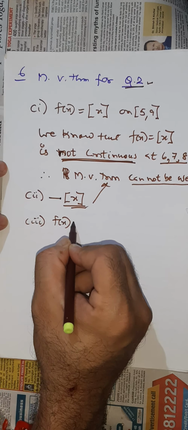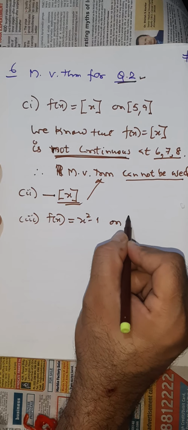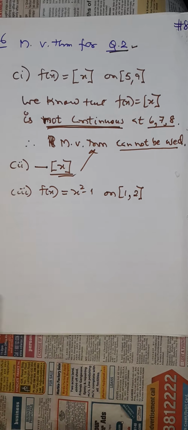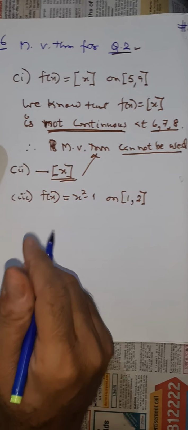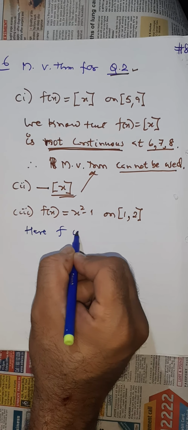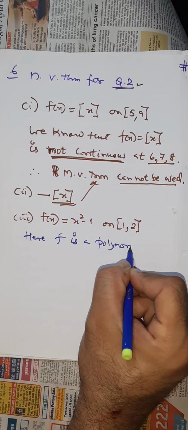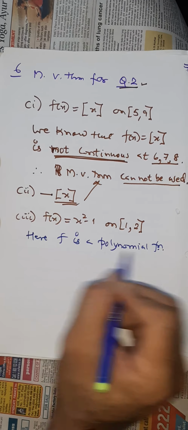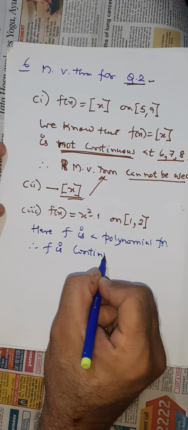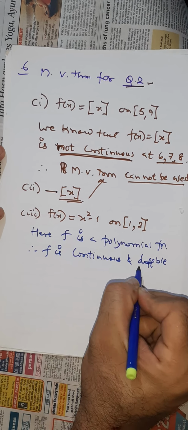The third function is f x equals x square minus 1 on domain 1 to 2. Now here you are given a polynomial function x square minus 1 which is quadratic, so it is always continuous and differentiable. Here f is a polynomial function, and therefore f is continuous and differentiable, everywhere, remember.